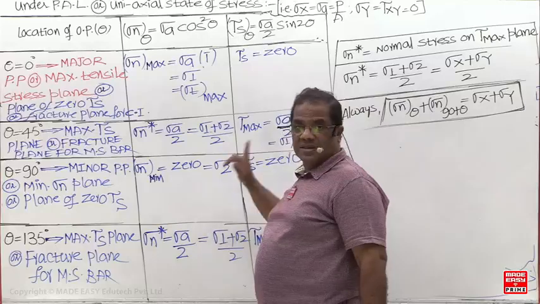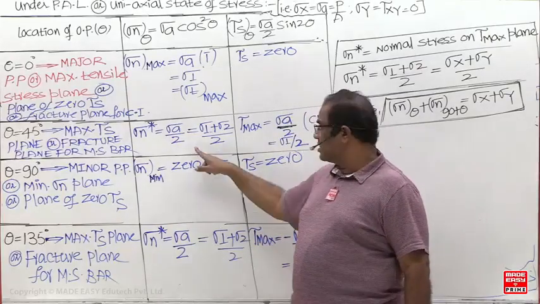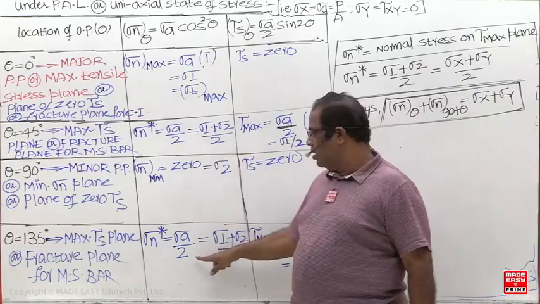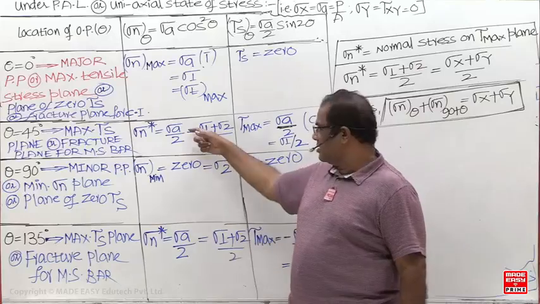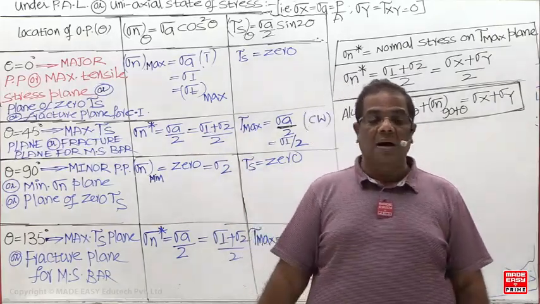What is the sum of these two? Sigma A. Now once again, these two planes are 90 degrees apart. What is the normal stress at an angle of 45 degrees? Sigma A by 2. And at an angle of 135? Sigma A by 2. What is the sum of these two? Sigma A, because sigma x plus sigma y equals sigma A.